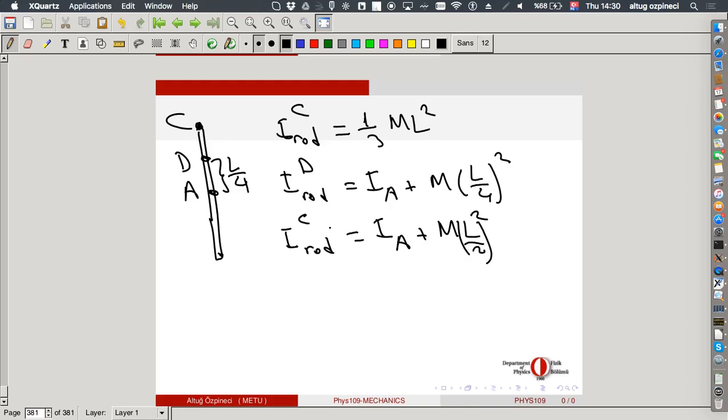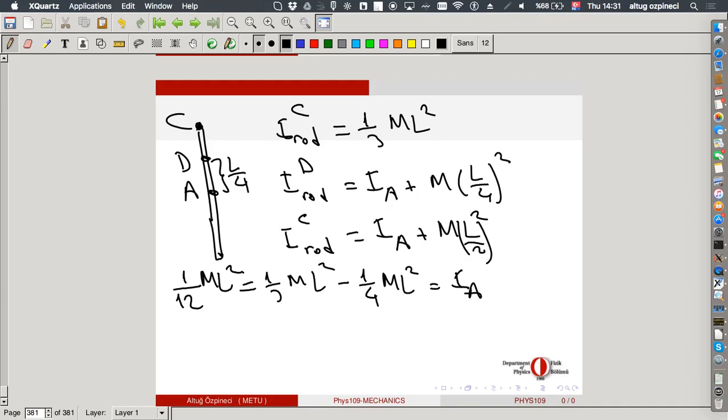Well, this tells me that since I know the moment of inertia for rotations around the point C, 1 over 3 ml squared minus 1 over 4 ml squared is equal to IA. This is 1 over 12 ml squared. So this tells me the moment of inertia of the rod for rotation around its own center of mass.